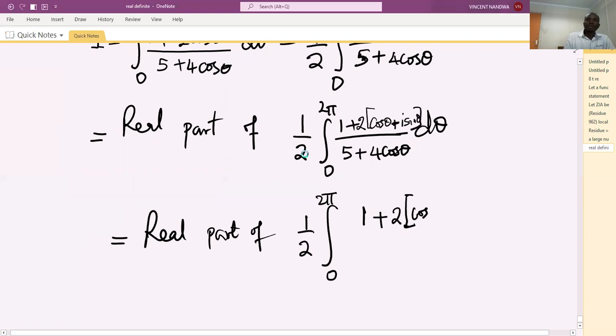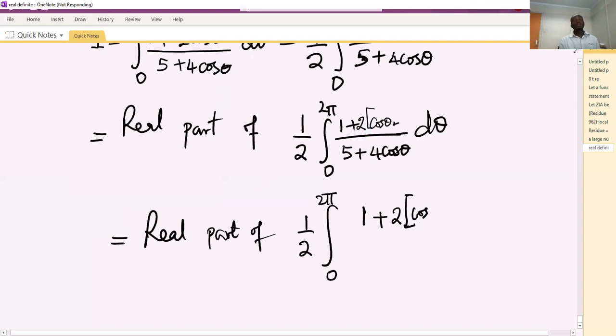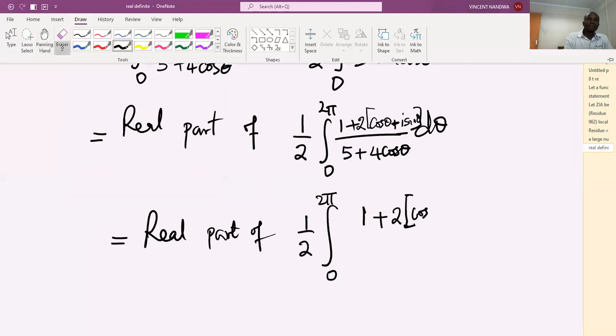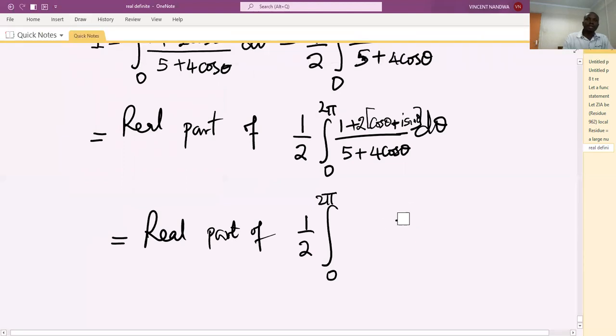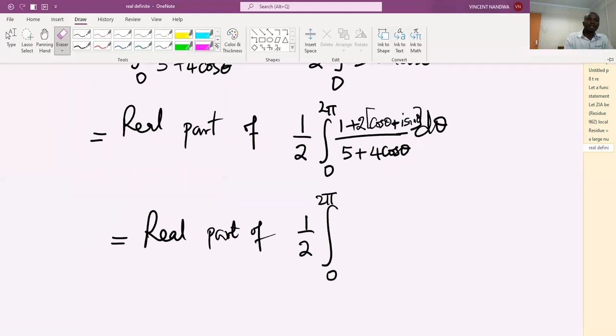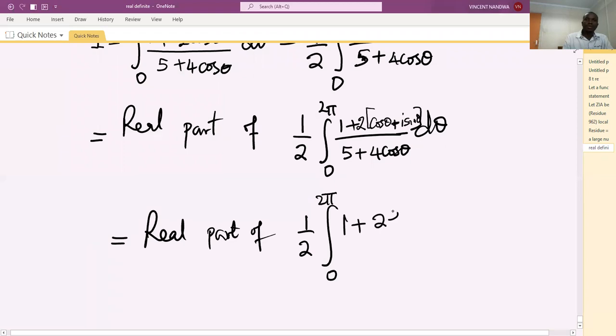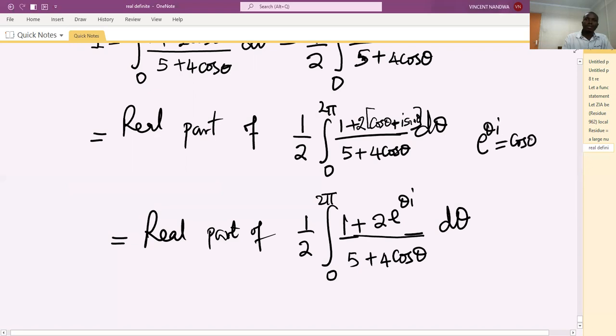Cosine of theta plus i sin theta is the same as e raised to the power i theta. So we write this as 1 plus 2 e to the i theta divided by 5 plus 4 cosine of theta d theta. Remember, e to the i theta is cos of theta plus i sine of theta.